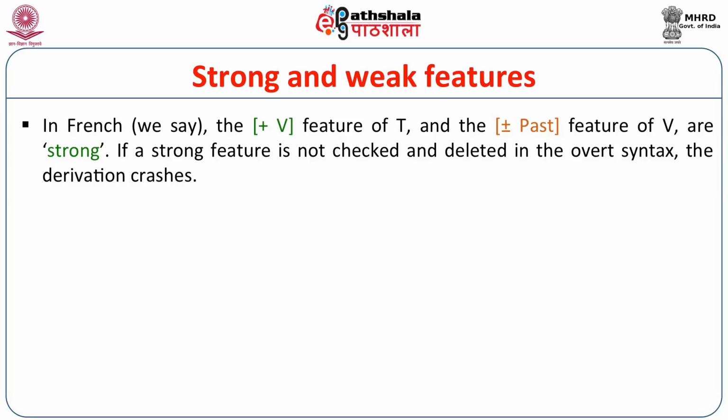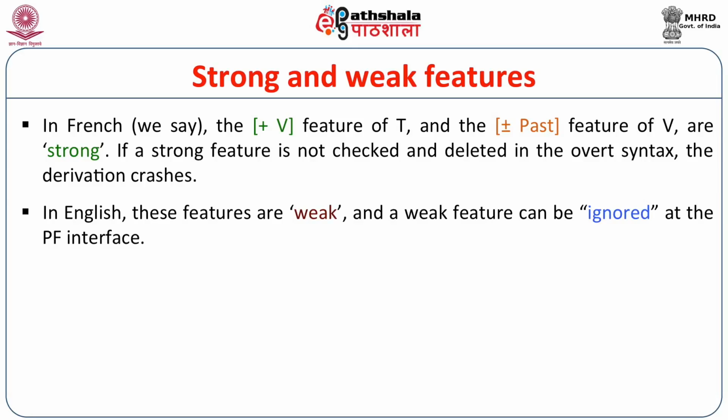Suppose we say that a feature can be strong or weak. In French, the plus V feature of tense is strong. Therefore, if the verb does not rise to tense and the plus V feature of tense is not deleted, the derivation would crash.